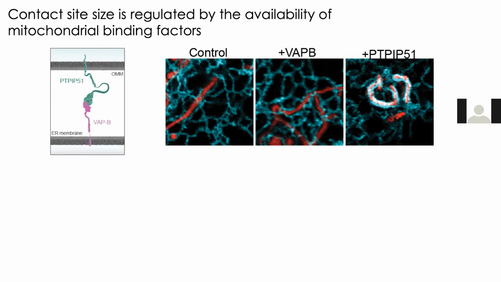But this interface is highly, highly sensitive to the expression level of the mitochondria factor, since there's far less mitochondrial membrane. And even with a very slight amount of overexpression, you get this really dramatic restructuring in which the ER essentially wraps the mitochondria like a little burrito and seals it into these sealed subcompartments.